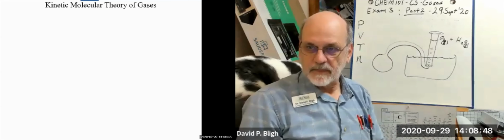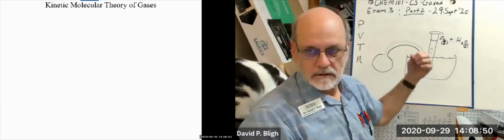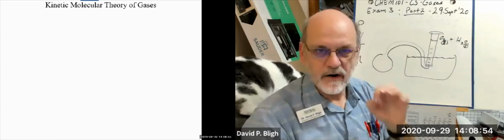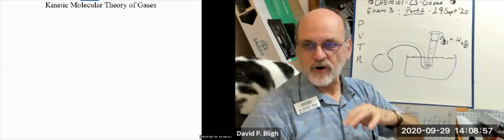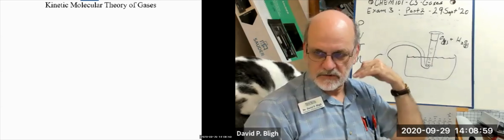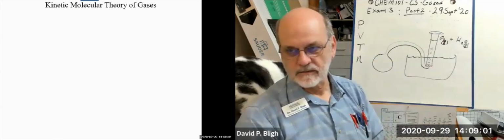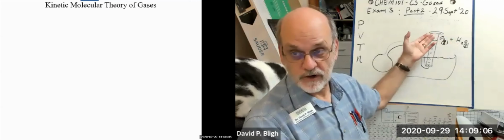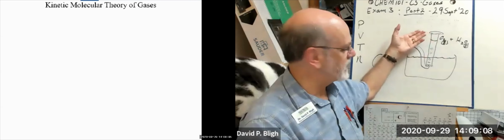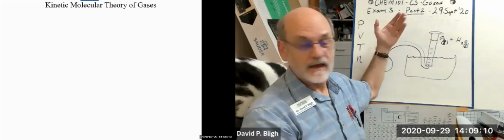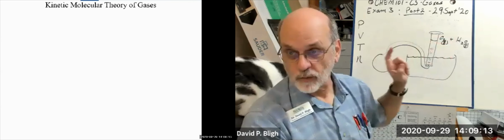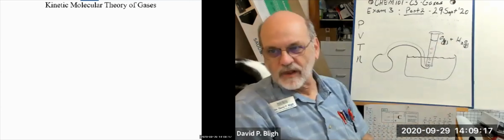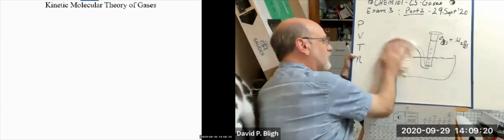Well, fortunately, water has a very well-defined pressure slope with temperature. So all we need to know is the temperature, and we can tell what the pressure of water is in there, the partial pressure of water. So the total pressure we measure, and then subtract that, we know the total pressure. We know the partial pressure of oxygen. So that's a practical application of Dalton's law.